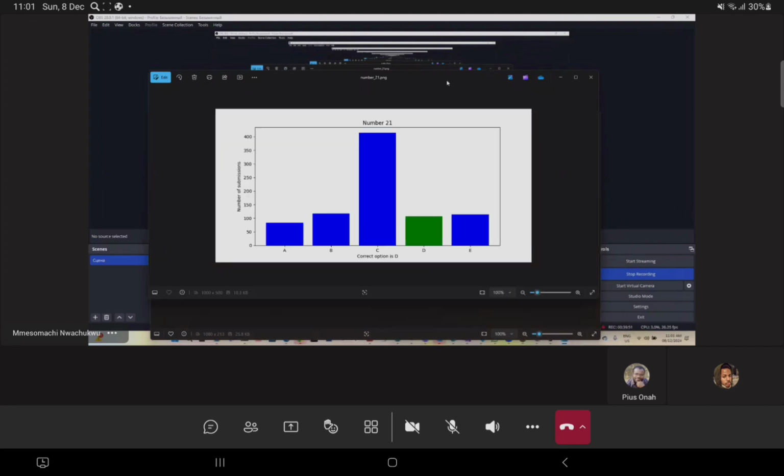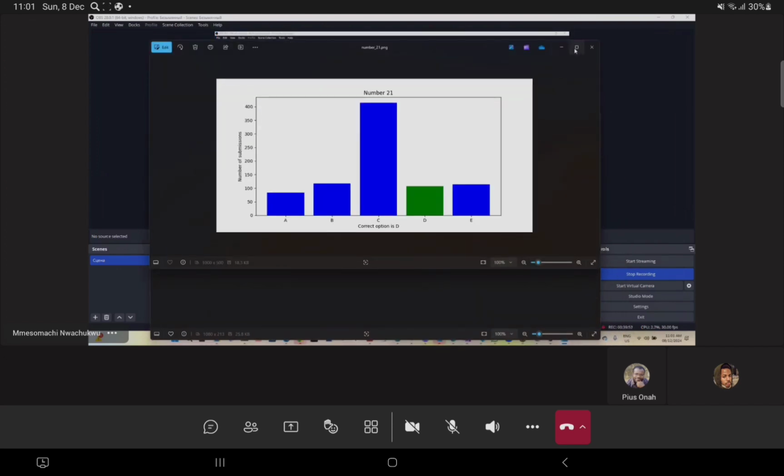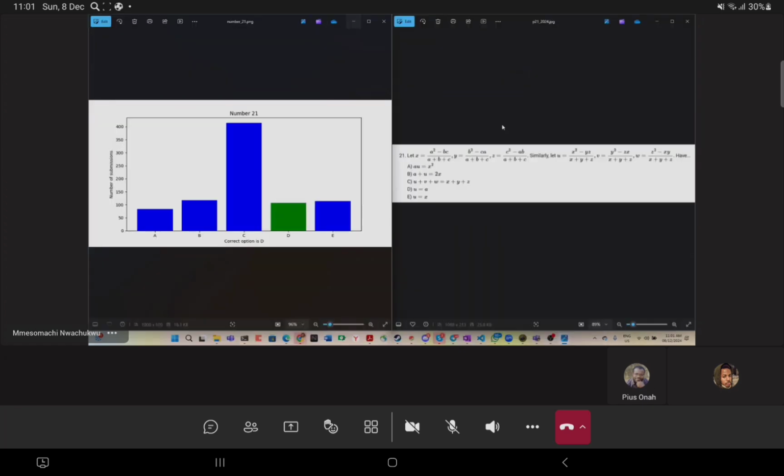So this problem 21. Let's put it this way. Great.